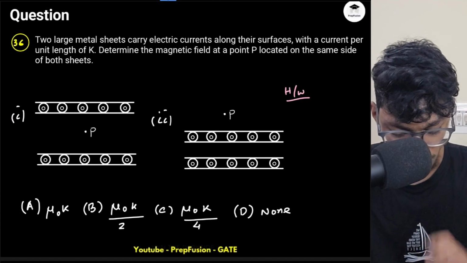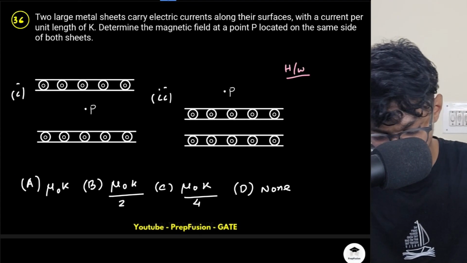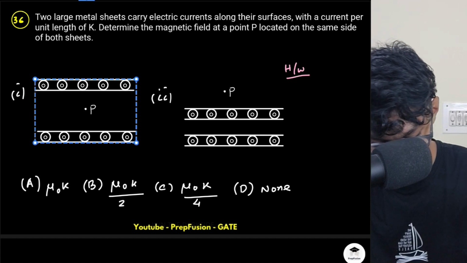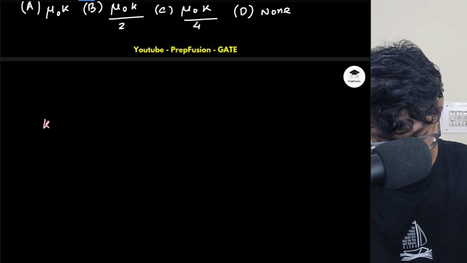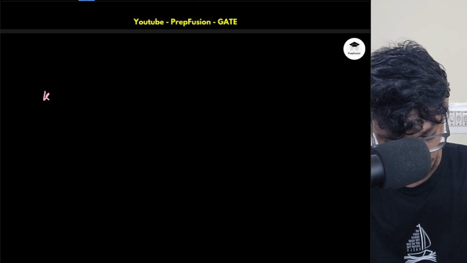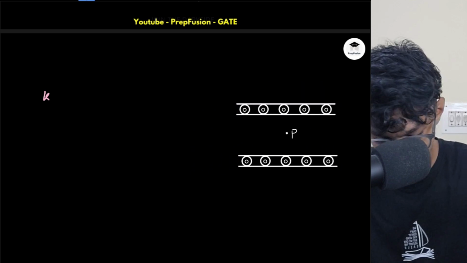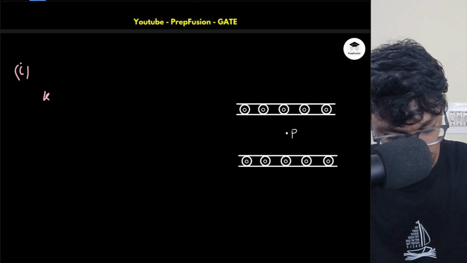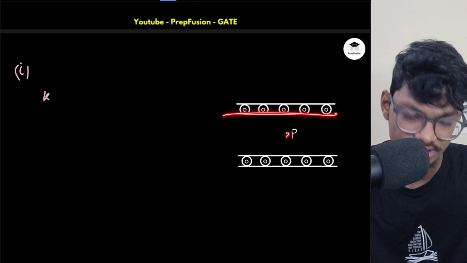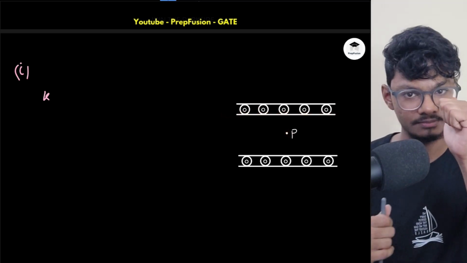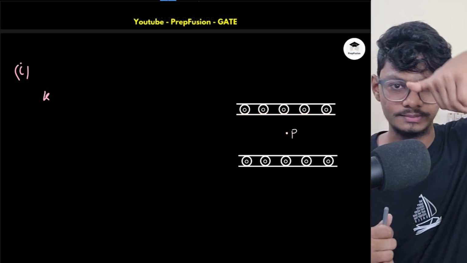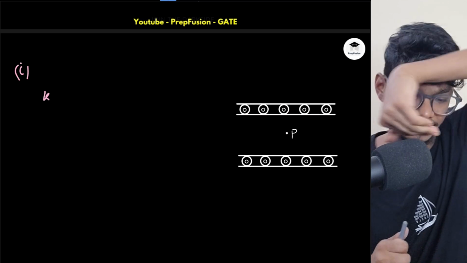So I'm observing this for the first case. I'm observing the field due to this sheet. If I see at this point P, if I place the thumb along the direction of the current and curl my fingers, I see the field is on the right hand side.